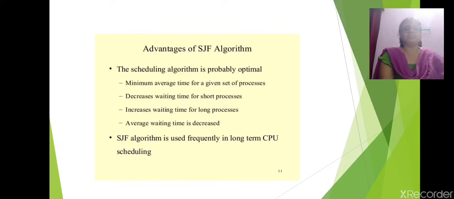The SJF algorithm is used frequently in long-term CPU scheduling. Actually, different types of scheduling algorithms are chosen based on their characteristics. So the SJF algorithm is best used when the CPU scheduling is long term.